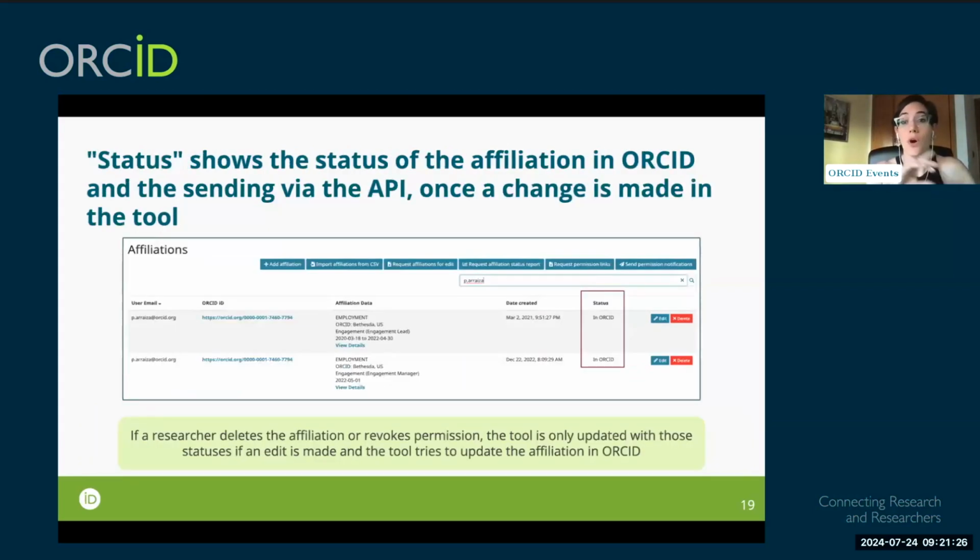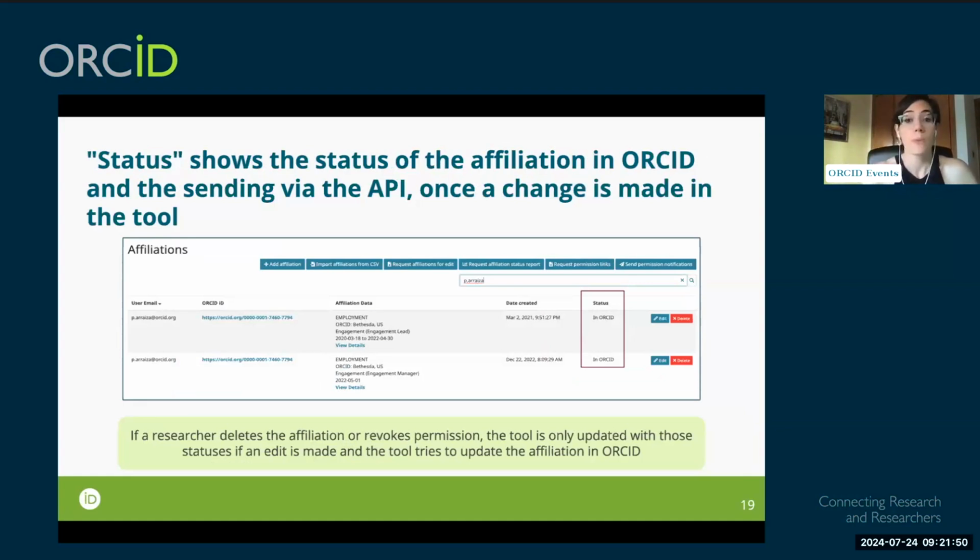The status column shows the status of the affiliation in ORCID, and the sending via the API once a change is made in the tool. Once the researcher authorizes the connection, then the status will be in ORCID.